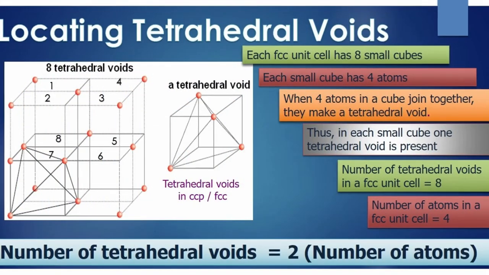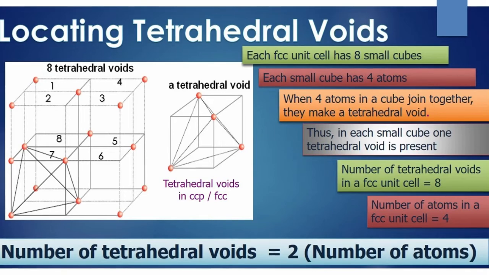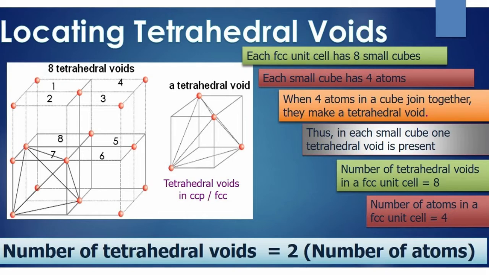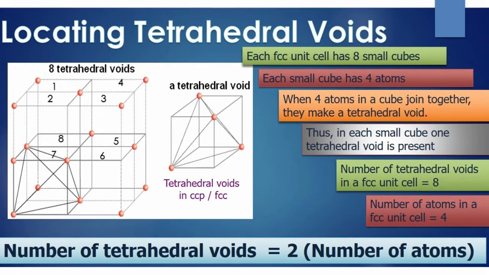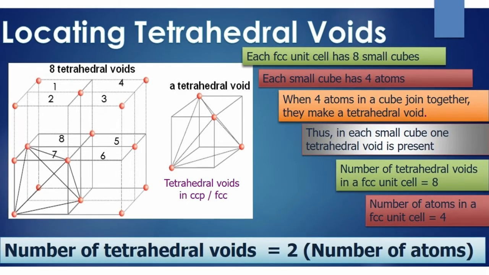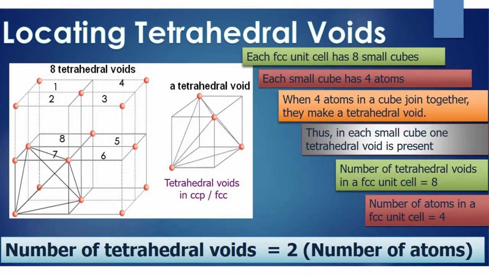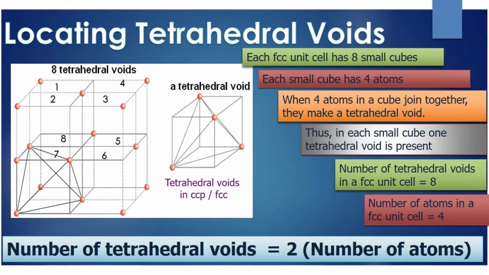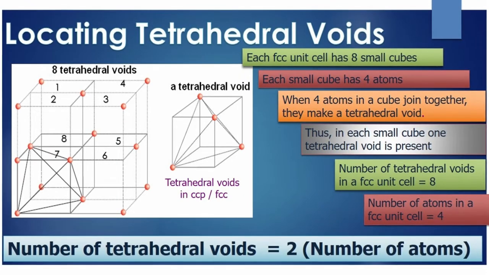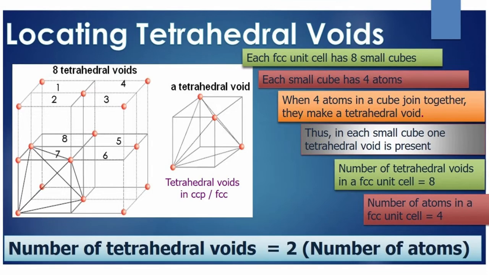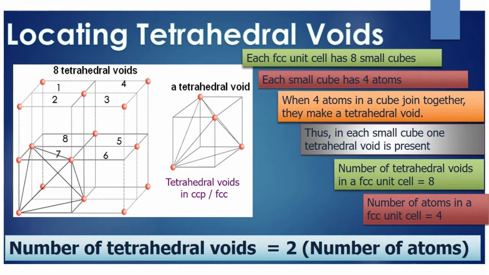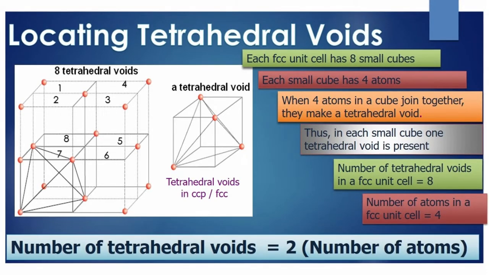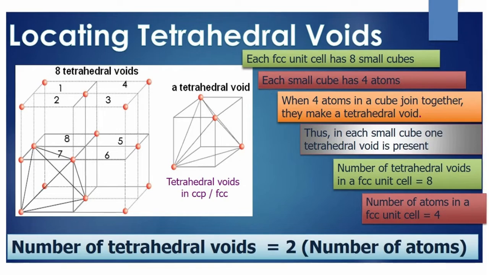Now let us verify that the number of tetrahedral voids generated is equal to twice the number of atoms present in a closed packed structure. For that, let us take the face-centered cubic unit cell. From the figure you can see each FCC unit cell has 8 small cubes in it, and each small cube has 4 atoms. Those atoms are represented using red color balls.